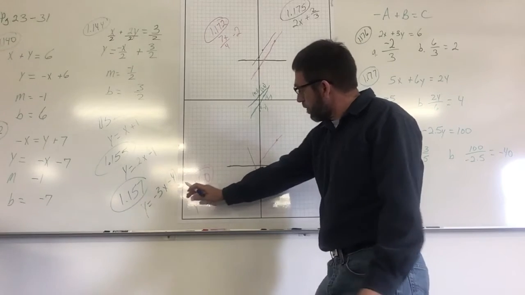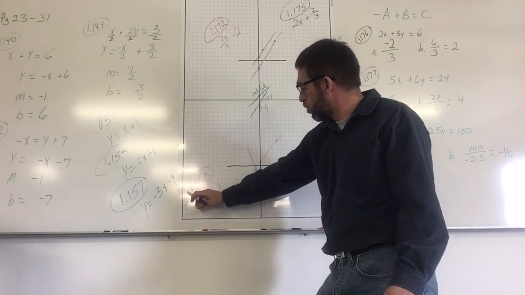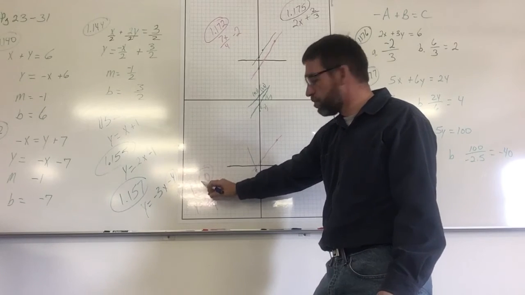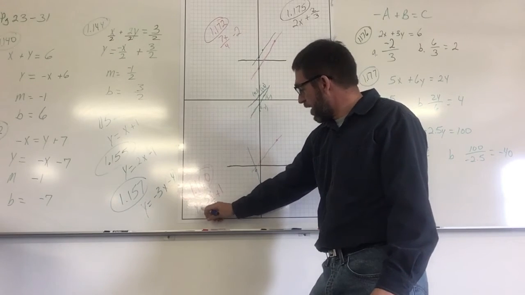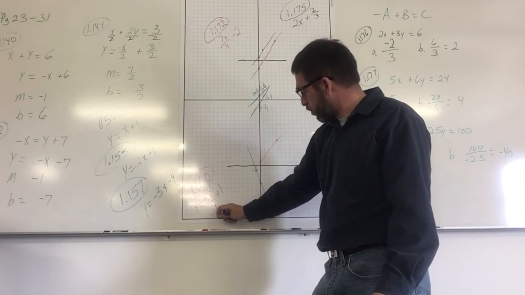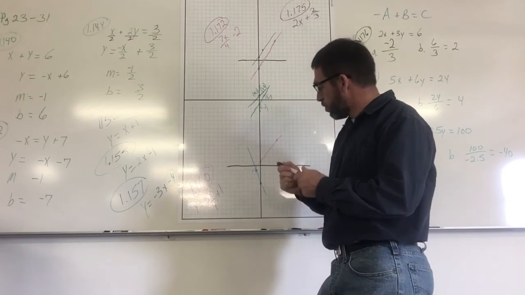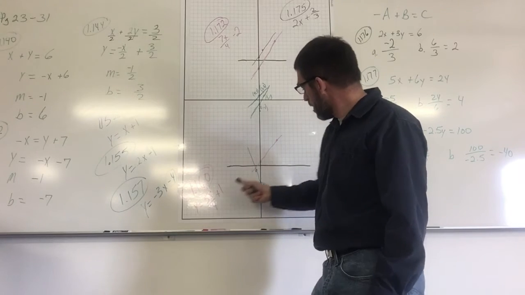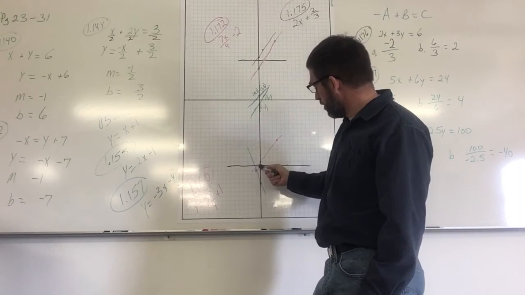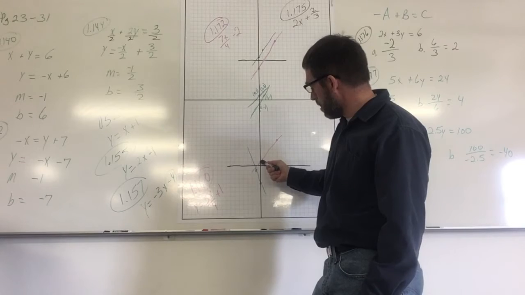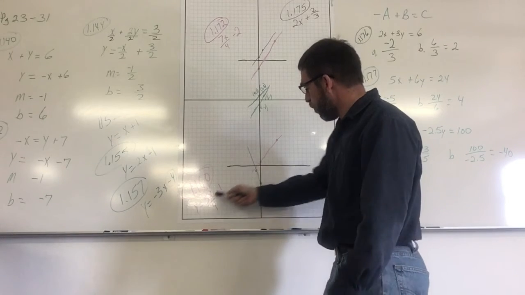While we're doing this, let's do 1160, and that's y equals 5x over 4 plus 1. So if you start out with the plus 1 again, I went plus 1 from my 0 mark, and then I have a fraction.